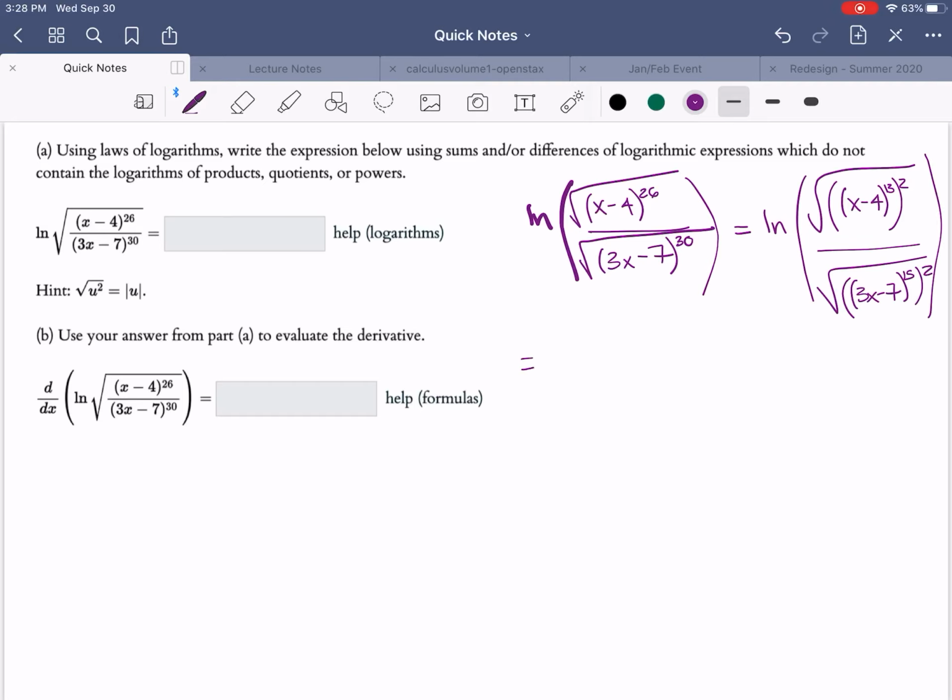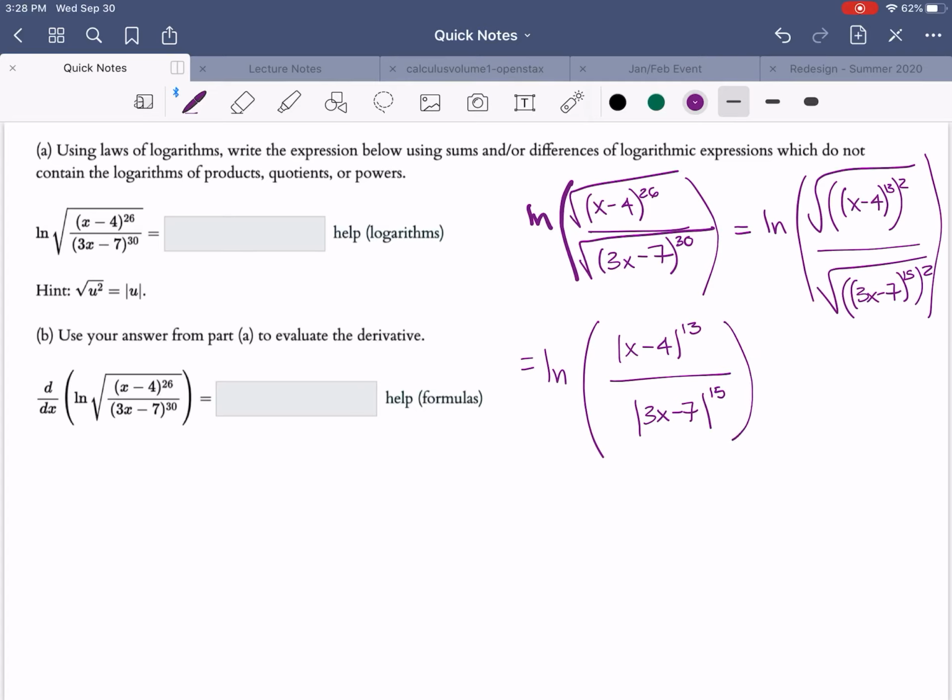Now I think it's easier to see that the numerator can be simplified to be the absolute value of x minus 4 raised to the 13th power, and the denominator can be simplified to be the absolute value of 3x minus 7 raised to the 15th power.